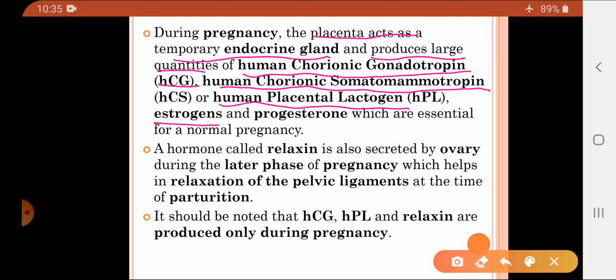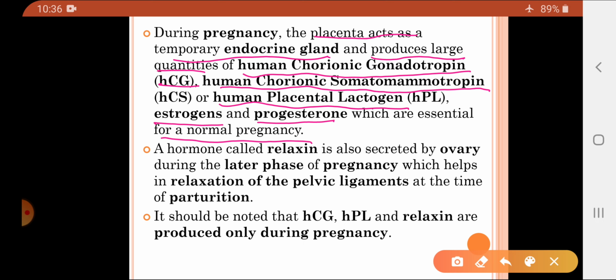Apart from that, estrogens and progesterones, which are essential for normal pregnancy. So the placenta, which acts as the temporary endocrine gland during pregnancy, produces human chorionic gonadotropin, human chorionic somatomammotropin, or human placental lactogen, estrogen and progesterone. These are the various hormones secreted by the placenta.